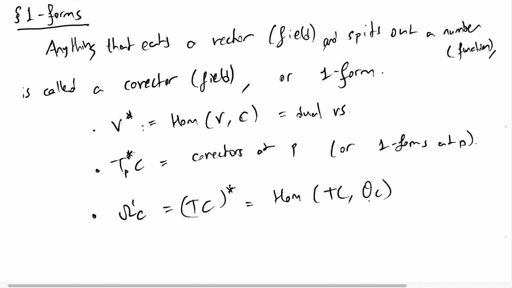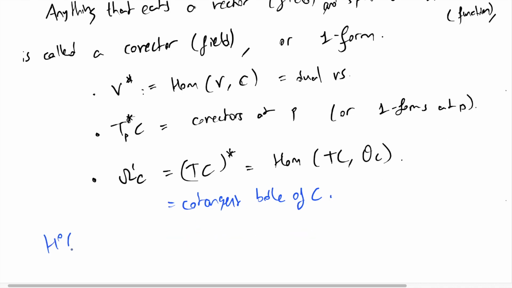So the hom here is supposed to be the hom in terms of line bundles. So this is a line bundle, this is the trivial line bundle. Take the dual in that sense, or it's the union of these duals. And now what's going to be interesting for us are the space of global sections of this cotangent bundle. So this is the cotangent bundle. So as before, I write H0 for the global sections of this line bundle, of the cotangent bundle.